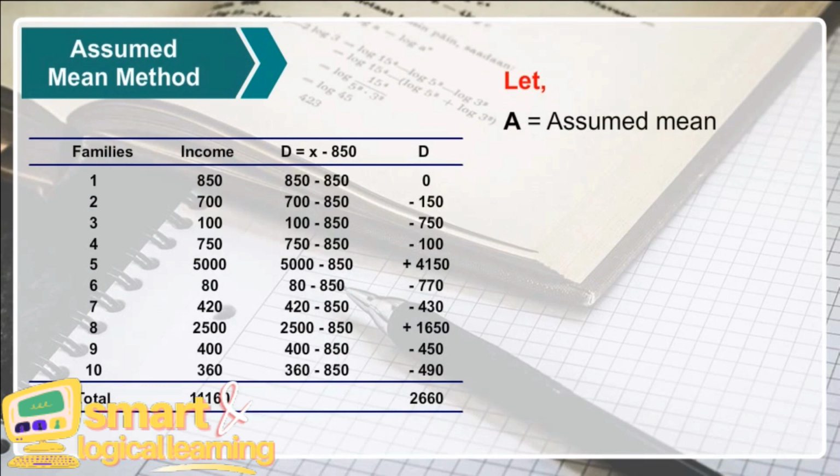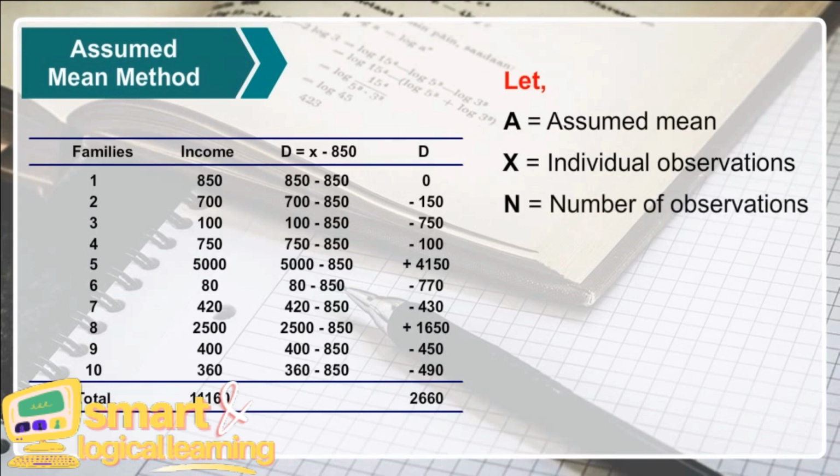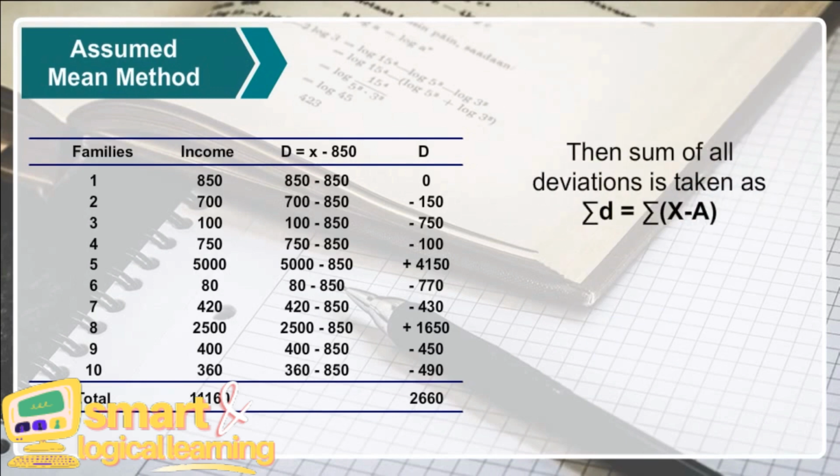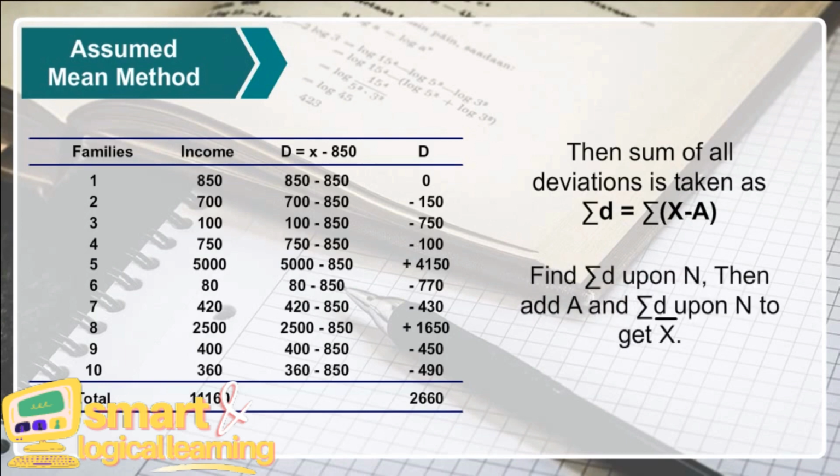Let A be the assumed mean, x the individual observations, n the number of observations, D the deviation of individual observations from assumed mean, that is D is equal to x minus A. Then the sum of all deviations is taken as summation D is equal to summation x minus A. Find summation D upon n.